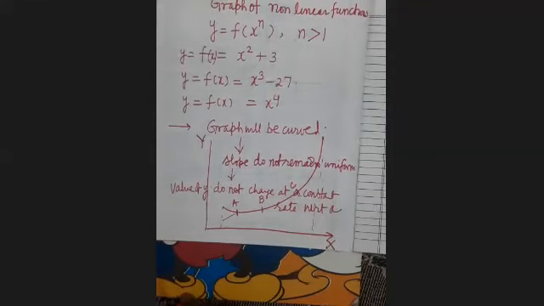The value of y is changing, but it is not changing at a constant rate. Is it clear? Yes, sir. Now see here, how will you determine the slope in such cases?